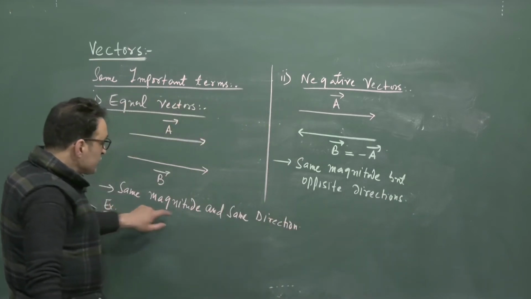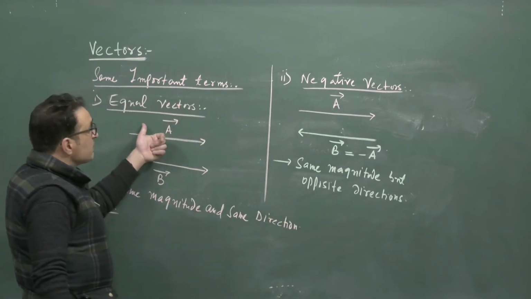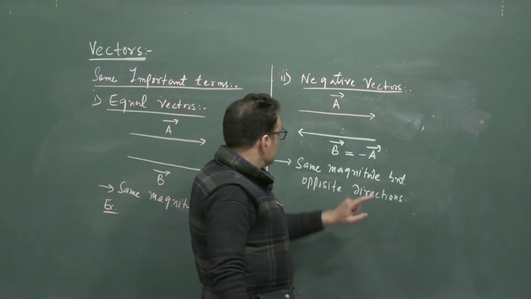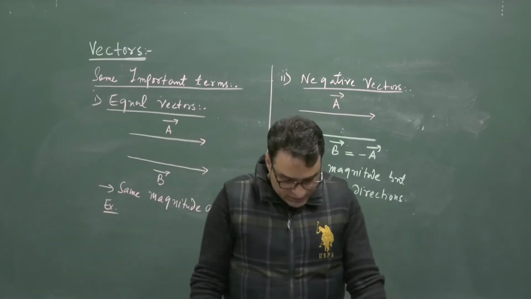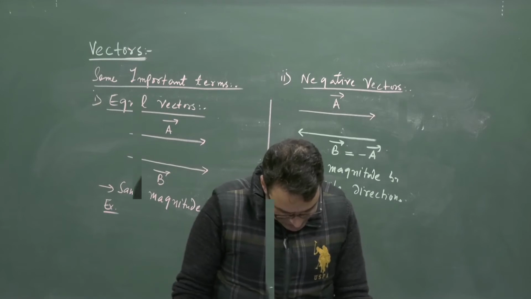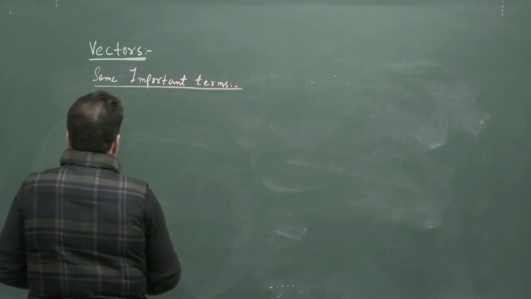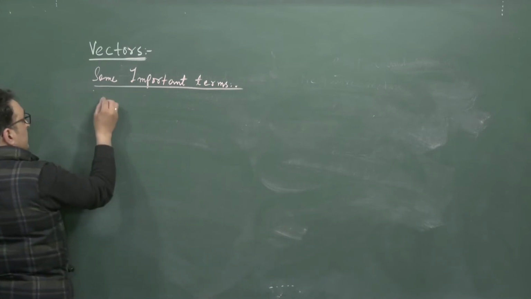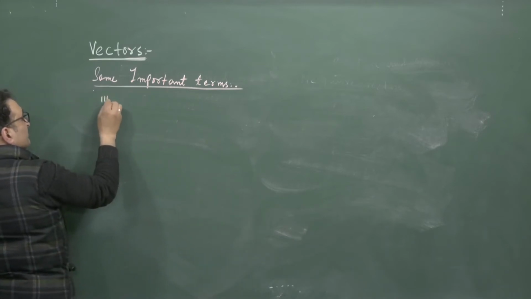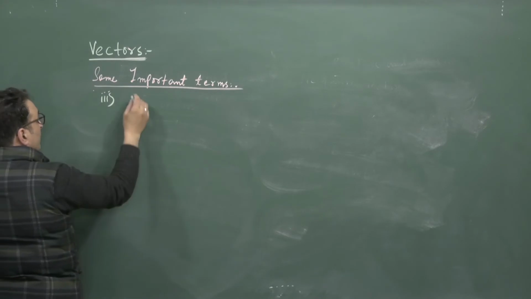Here, same magnitude and same direction in case of the equal vectors, but here same magnitude but opposite directions. Number third is unit vector.